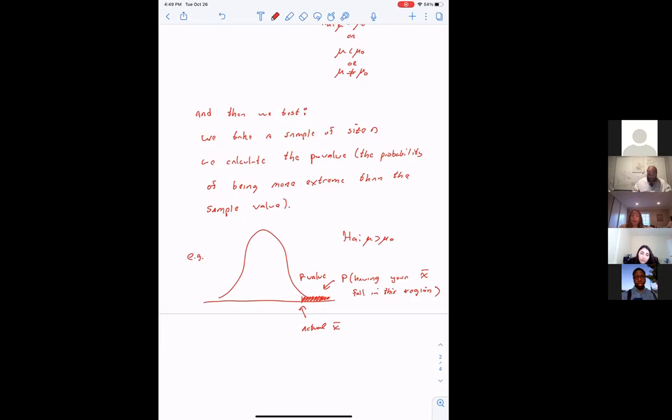The sigma. So the standard deviation: z equals x bar minus the assumed mean over the standard deviation of the sample, which involves sigma.